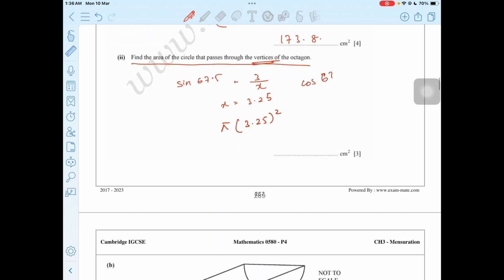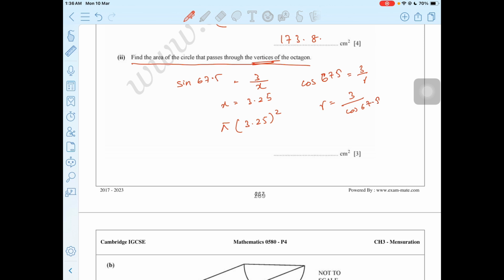Cos 67.5 is equal to 3 over r, right? So r would be 3 over cos 67.5. I'll just calculate this. This is 7.83. We use this r and the r square, pi r square.